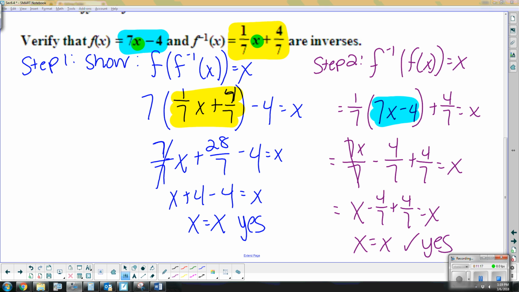So with these two, f of the inverse of f of x equals x, and the inverse of f of x equals x, so if those are both true, then yes, these are inverses of each other.